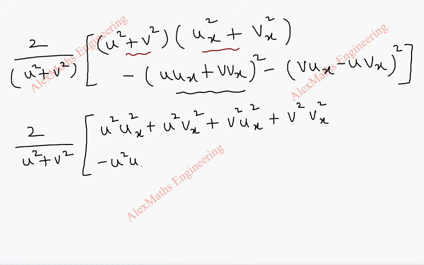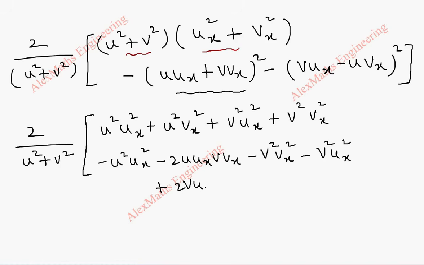Minus u square ux square, then minus 2u ux v vx, and minus v square vx square. Again there is a minus, so minus v square ux square, then minus 2ab term, but already there is a minus outside, so plus 2v ux u vx, and the last term is again minus. I have taken the minus sign inside, so u square vx square. So we completed the expansion.